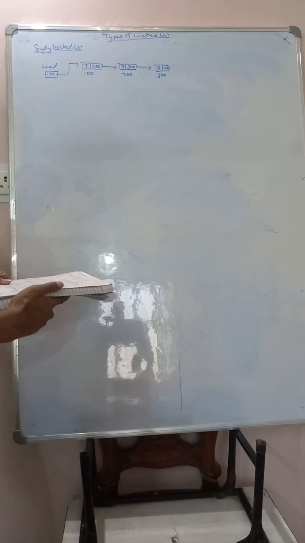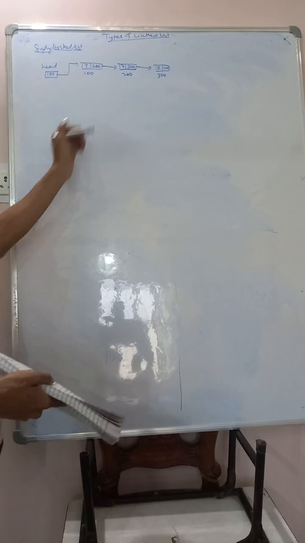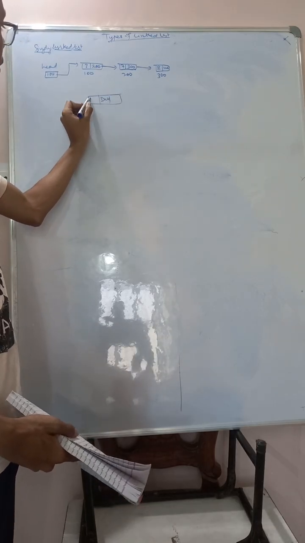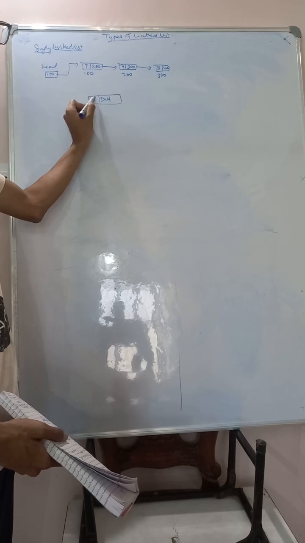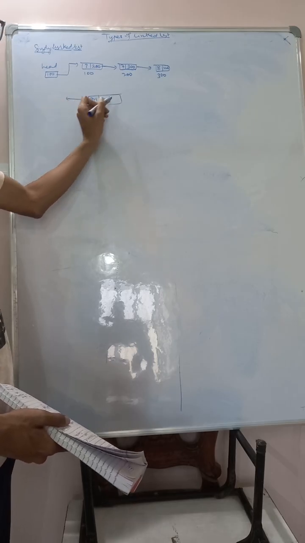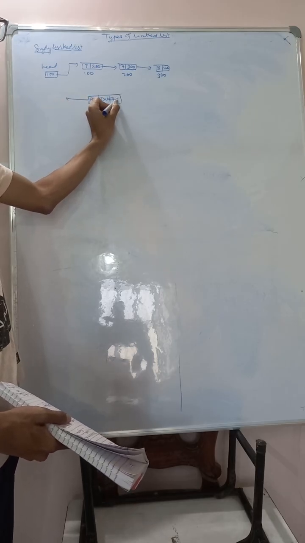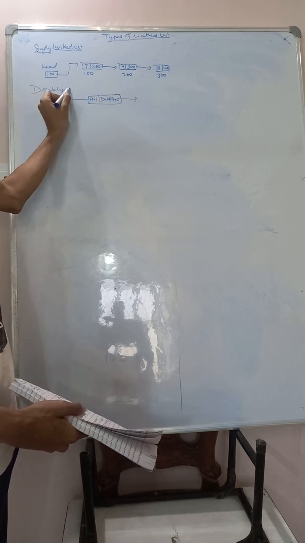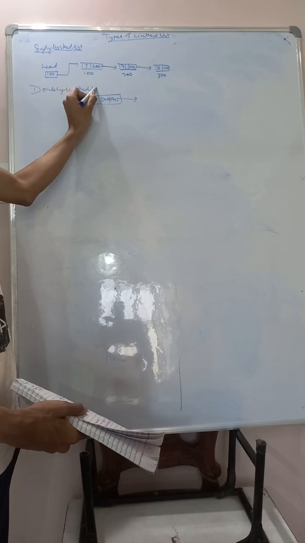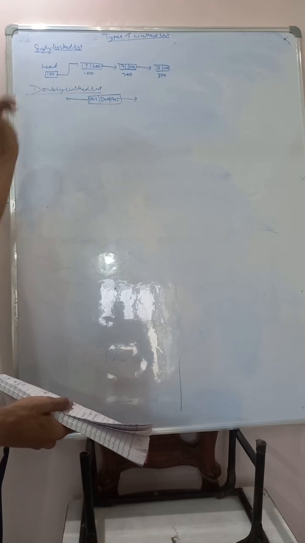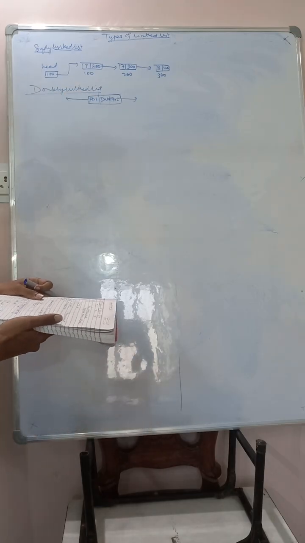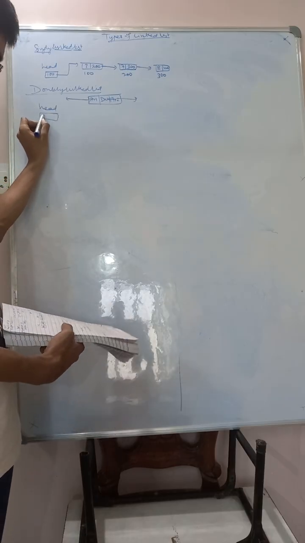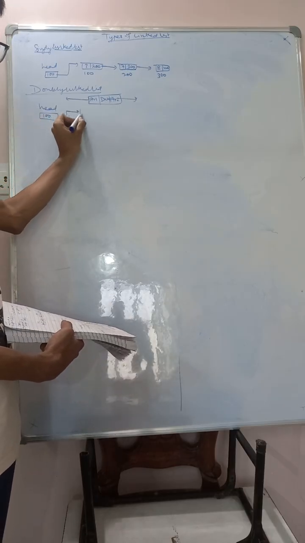Now in doubly linked list, each node has three parts, right? In middle data, one pointer to point to the previous node and second pointer to point to the next node. Now suppose this is my head pointing to my first node.